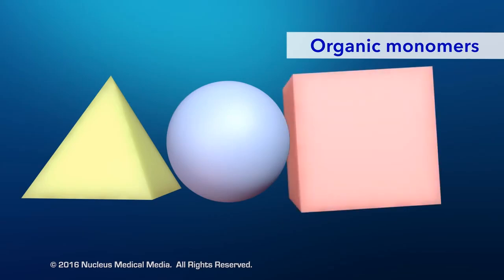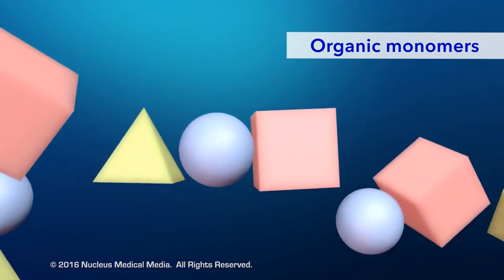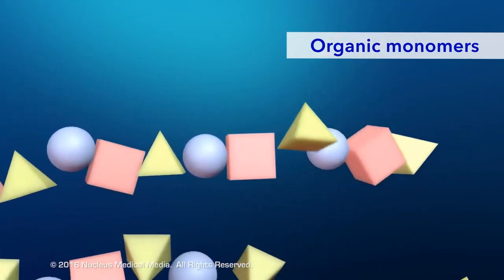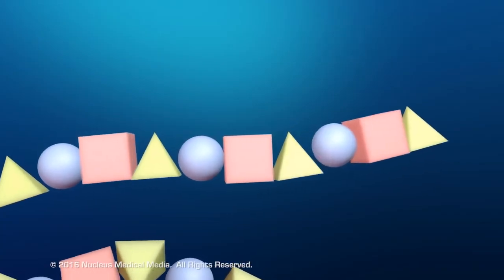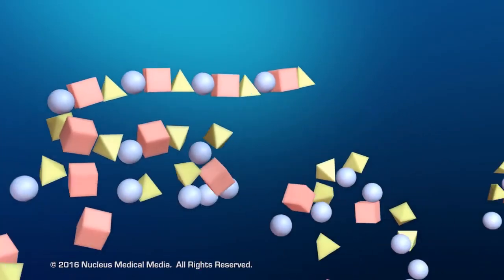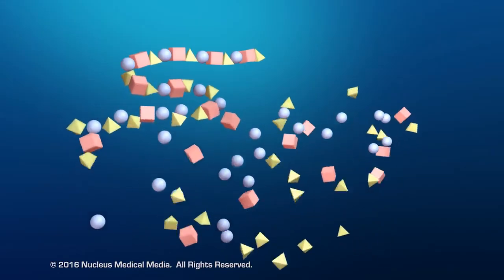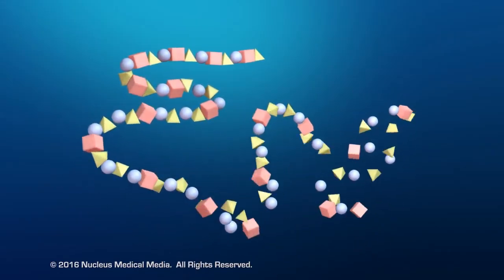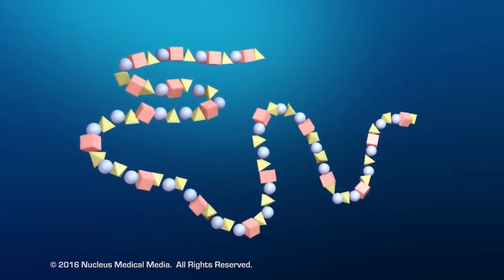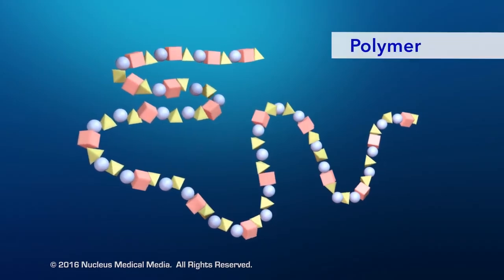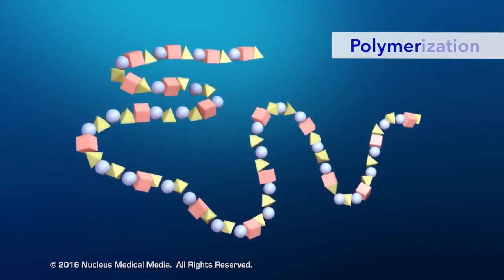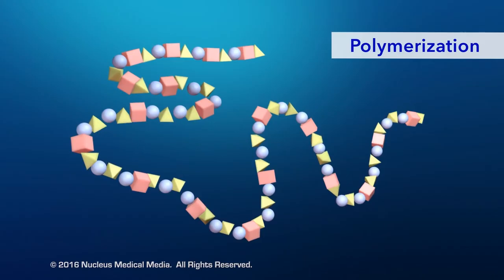Organic monomers often chemically bond to each other, joining together like beads on a string. This string of attached monomers will often continue to chemically bond with additional monomers, creating a much larger molecule called a polymer. This process is called polymerization.